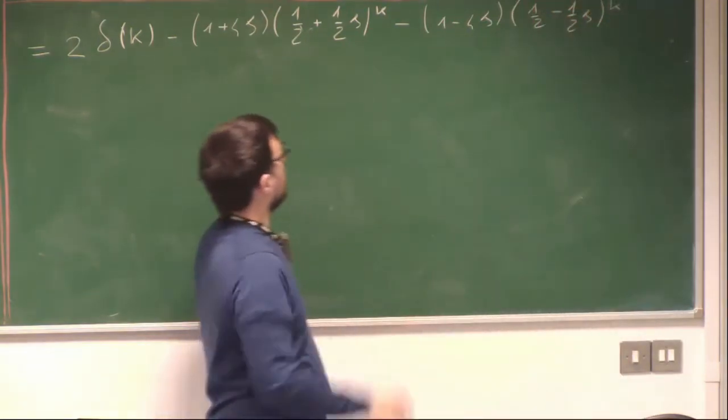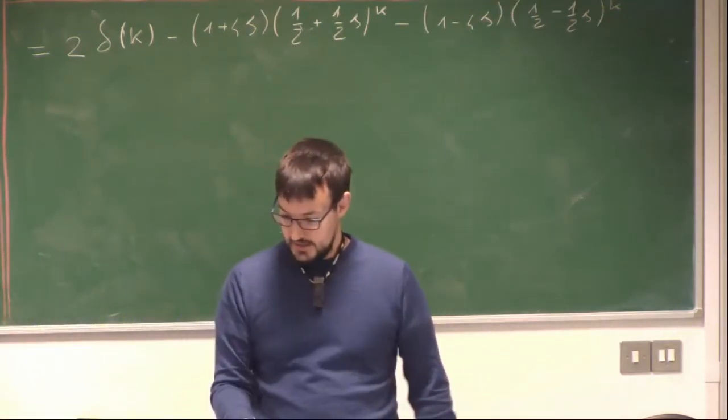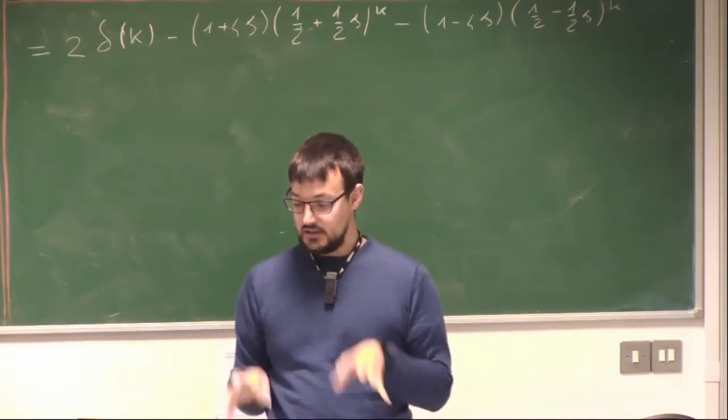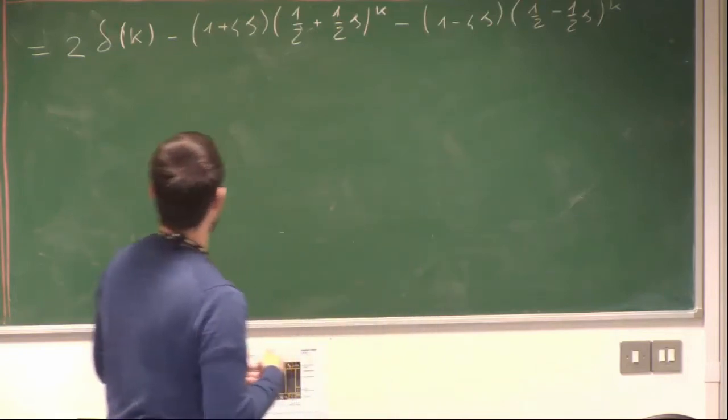Okay? So we obtain this just by reading what is already on the slide. We computed the residuals, we found the partial fractions, and from that we obtain this expression.